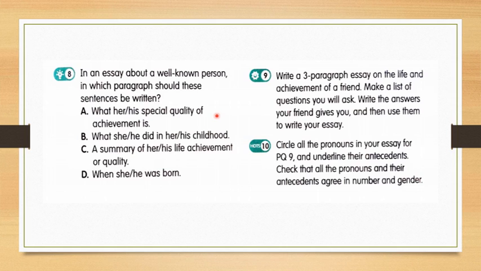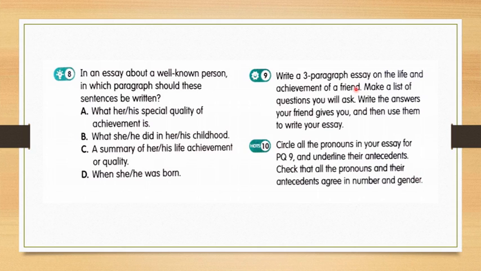Just go through the paragraph which they have already given as an example. I hope you must have gone through it. That paragraph is on page number 5. So go through it, writing about a known person, and you will get all the answers.